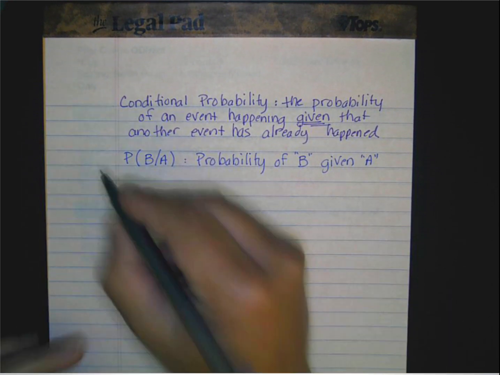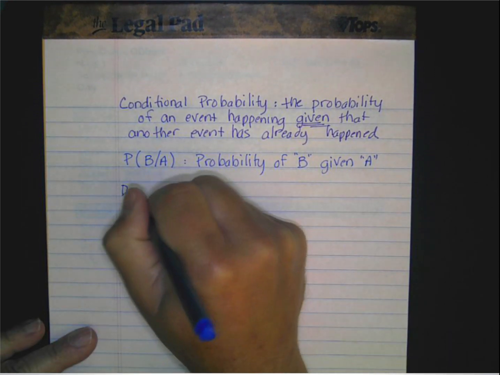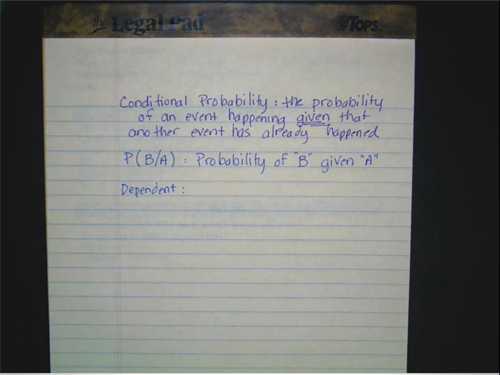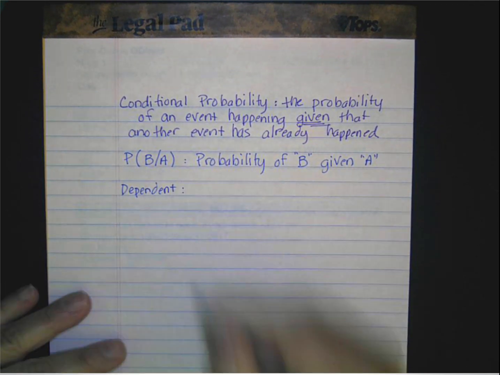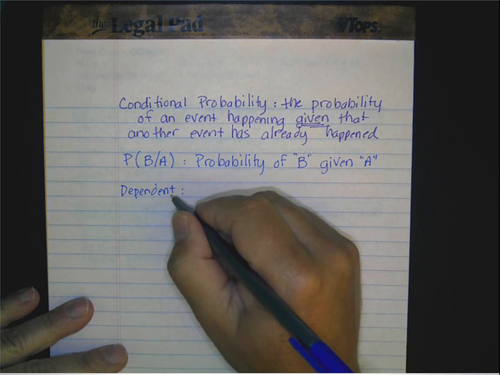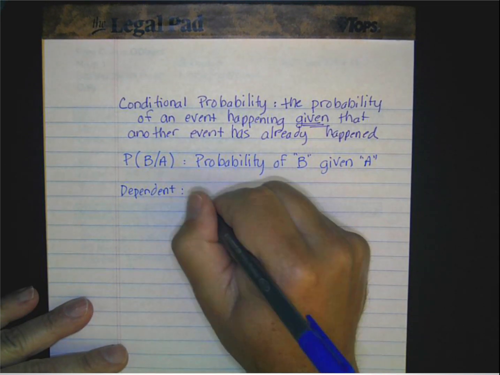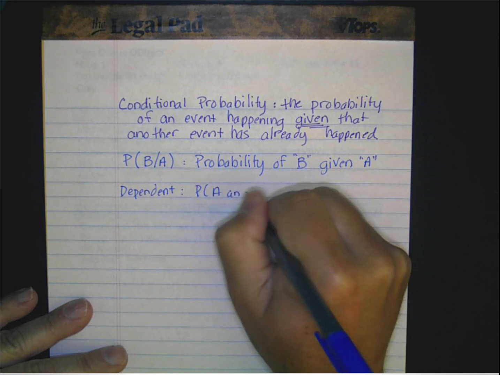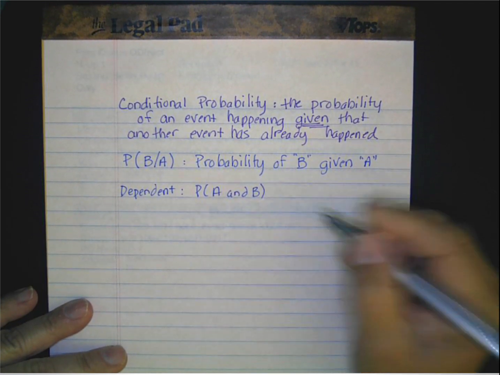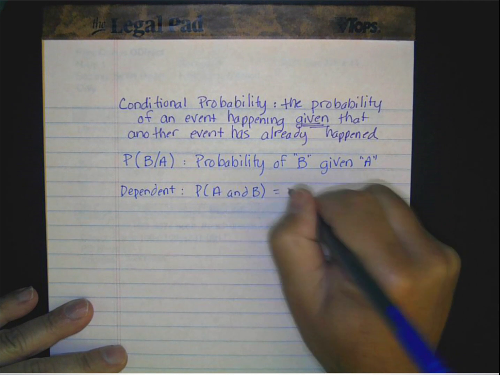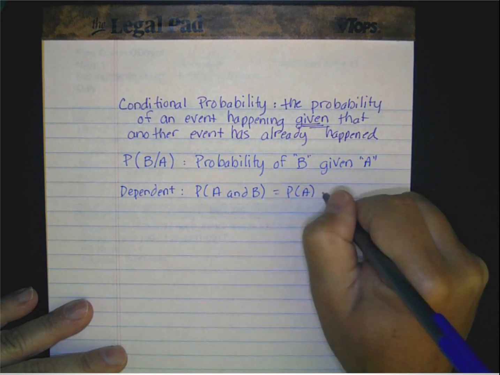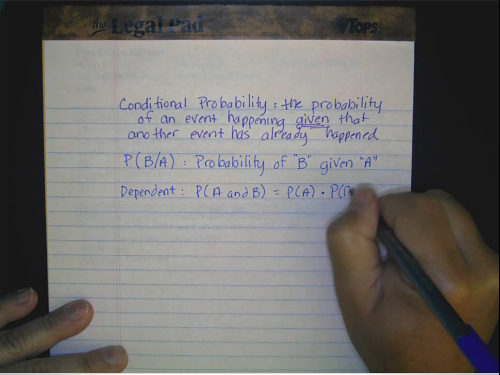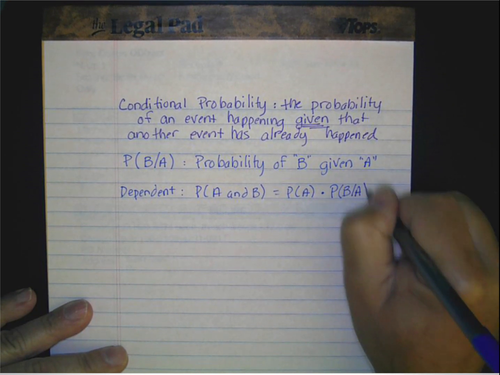Okay, so for dependent events, now we don't do this for independent events, because independent events don't have any influence over each other. So kind of a way to sum up what I did on that last problem: the probability of A and B happening is the probability of A times the probability of B given that A already happened.